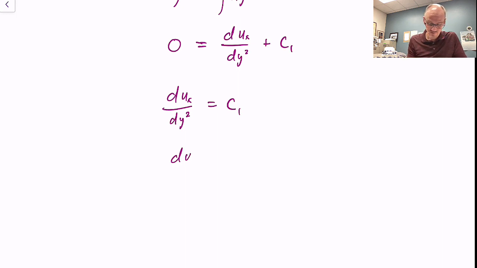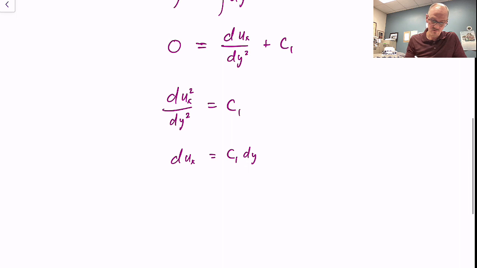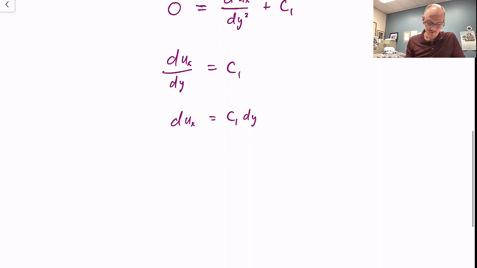So dux stays on the left, and then we have C1 dy. Oh, I forgot my squared, didn't I? Oh, wait, no. I didn't forget my squared. I accidentally wrote a squared. There we go. So dux equals C1 dy, and we can integrate again.